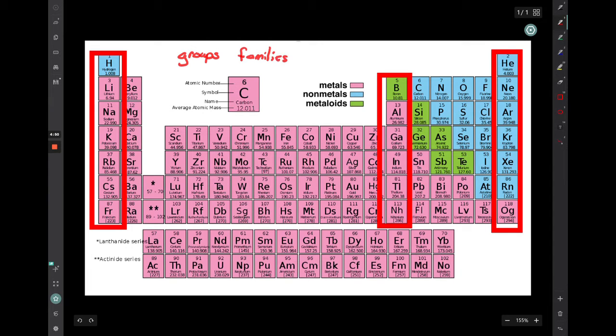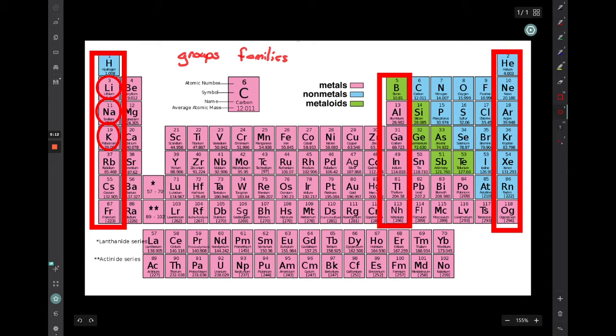And the reason they're called families is because those elements that are in these groups or in these families will have very similar characteristics. If you remember from yesterday, those elements that we saw reacting with the water were lithium, sodium, and potassium. So they all behave similarly.